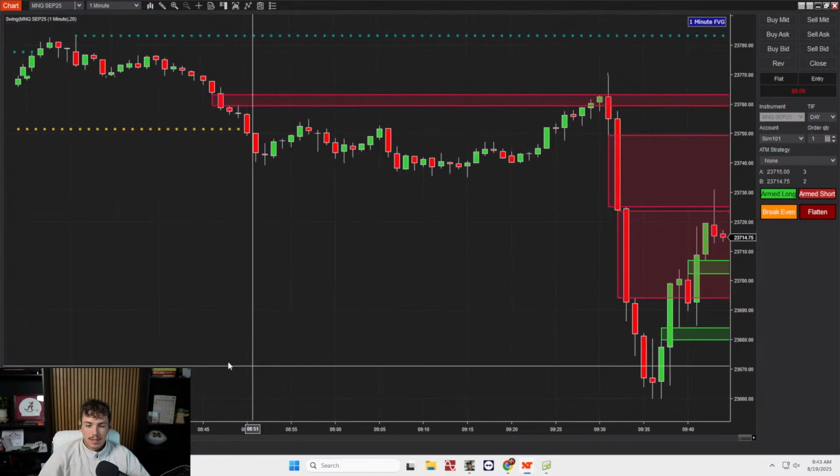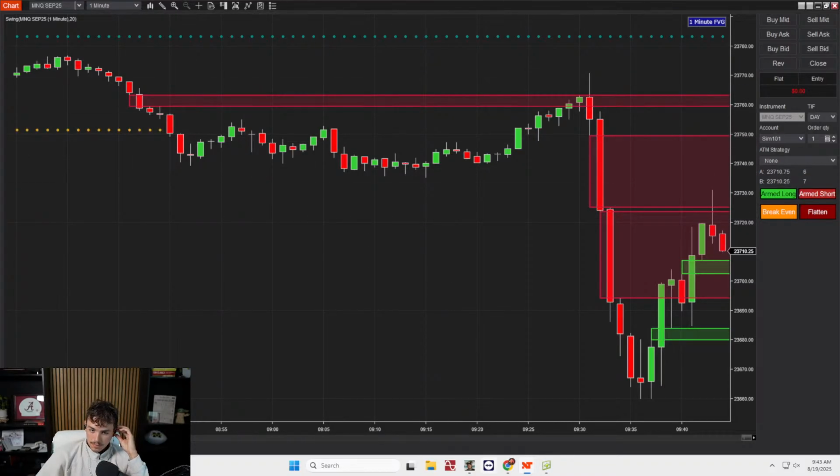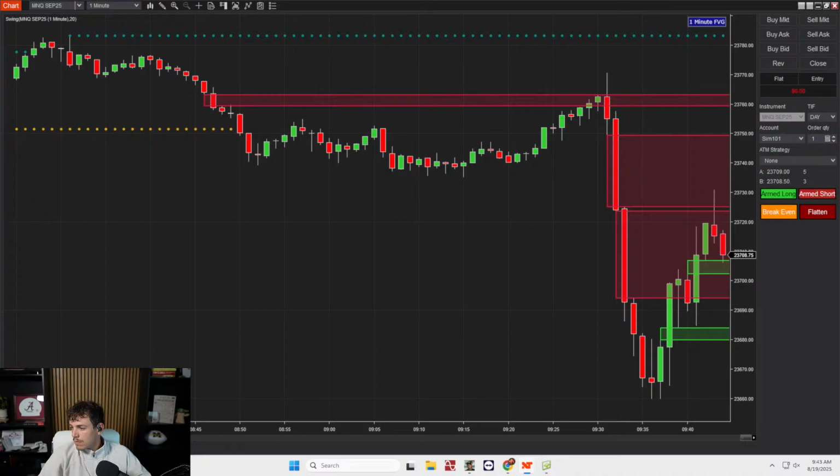Where would it have taken an entry here? iFVG right before the 935 candle?